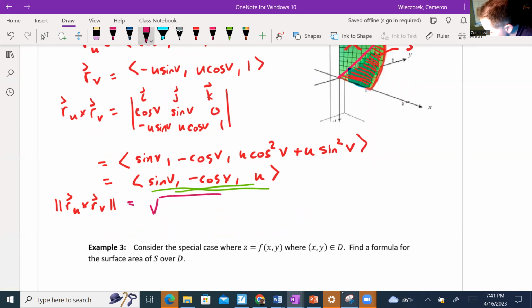So this would give me square root of sine squared v plus cosine squared v plus 1. Hey, this thing right here, we like that. That's 1. So this is rad 1 plus 1, which is rad 2.